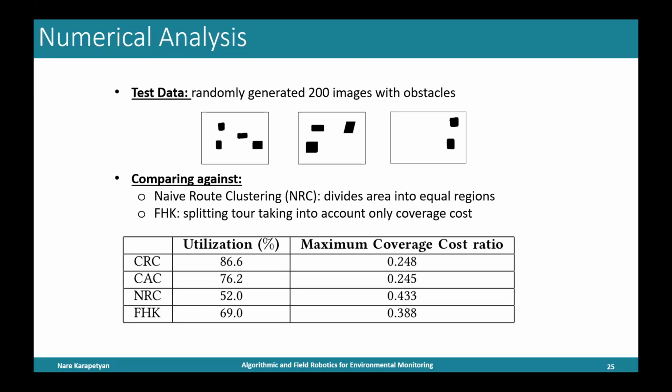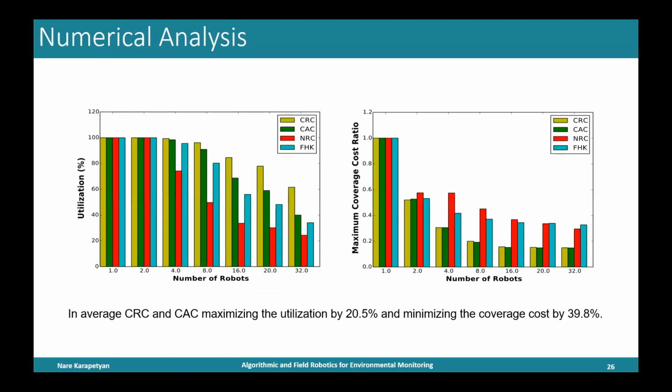And we generated random obstacle maps and applied this algorithm to about 200 random images. So how many robots are in this group? This result is going to be shown on this example. We have used up to 32 robots for each of the experiments, and we have the comparison here.